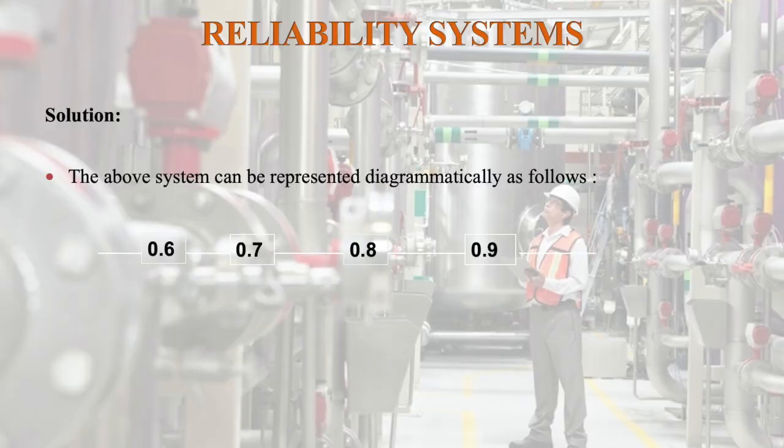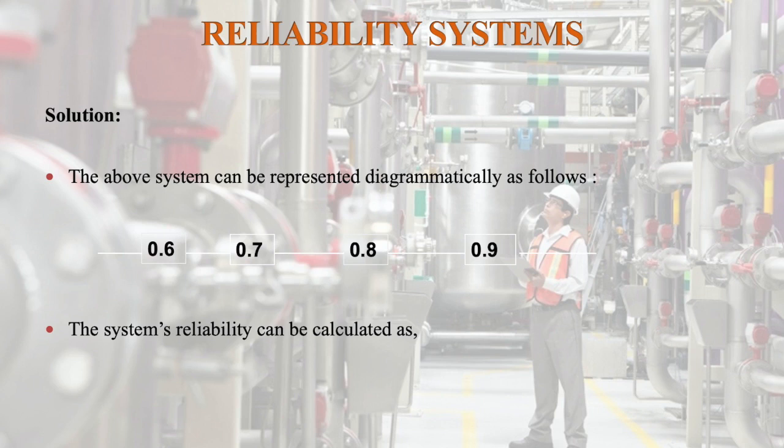So, solution here. The above system can be represented diagrammatically as follows. So R1, R2, R3 and R4 are given in series and their values are all given. So R1 is equal to 0.6, R2 is equal to 0.7, R3 is equal to 0.8 and R4 is equal to 0.9.